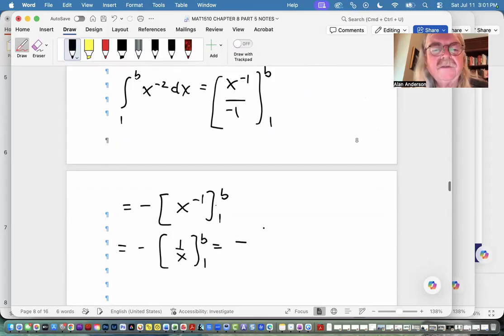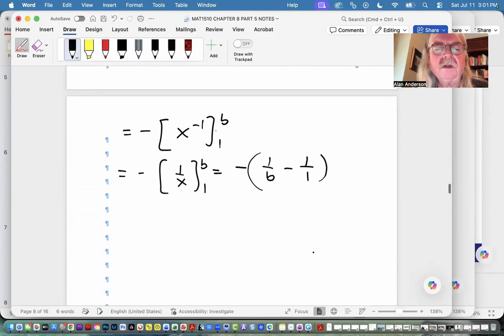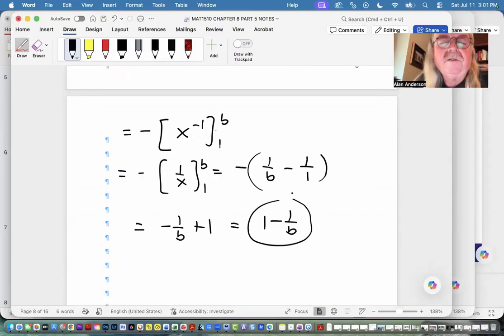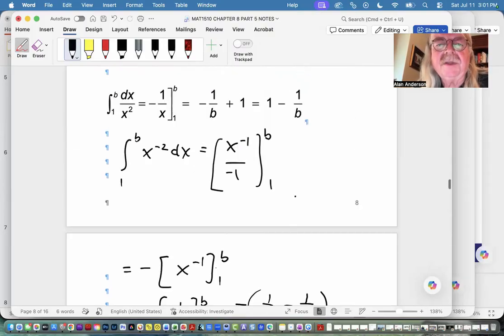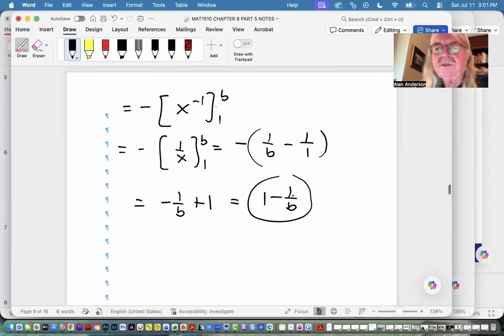So you end up with negative 1 over b minus 1 over 1, or 1 minus 1 over b. Okay, so whatever b is, that's going to be the result of our integral.